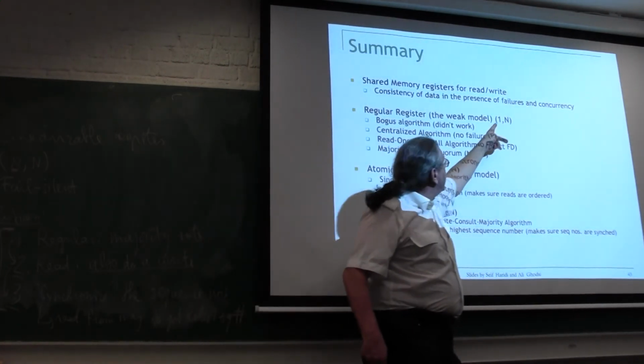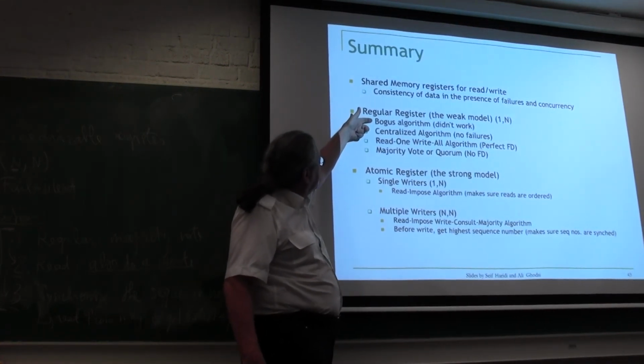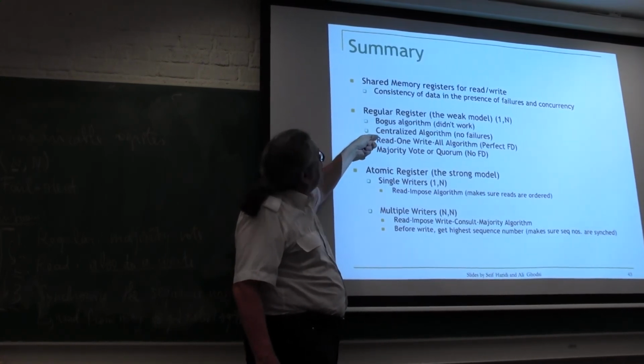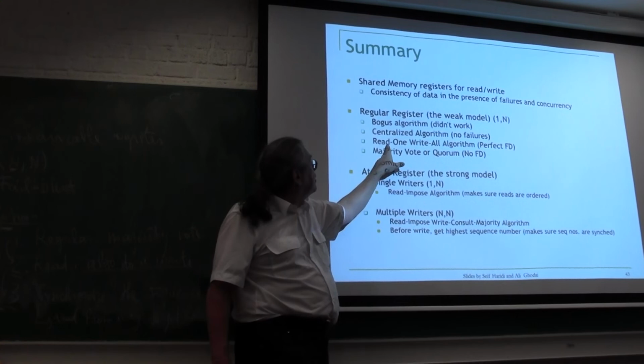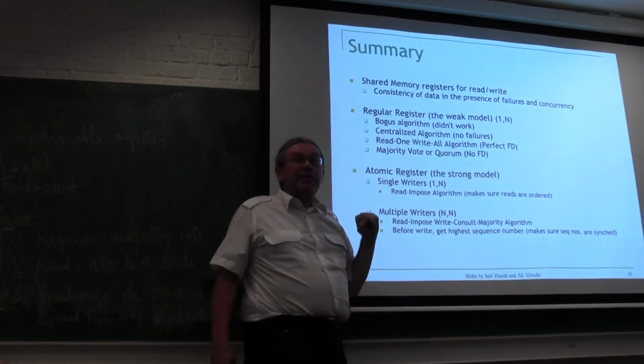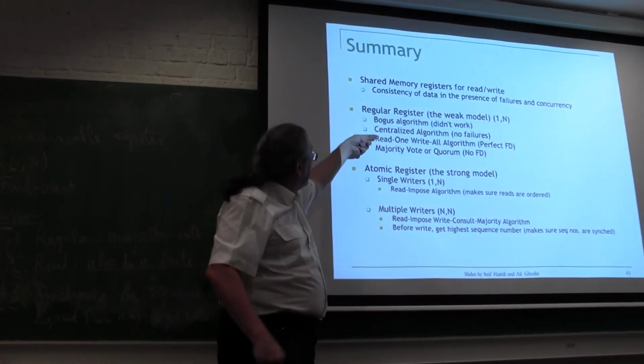And we defined the 1N algorithm. I started with a bogus algorithm that didn't work. I also showed you a centralized algorithm. But then the real algorithm that worked was called the read-one, write-all algorithm. This one uses a perfect failure detector. So remember, the write has to wait for acknowledgments from all correct nodes.